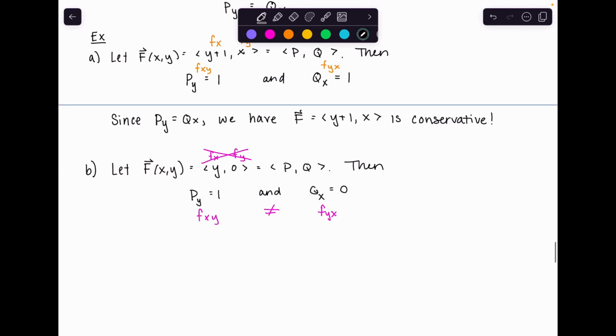So there is no function whose partial with respect to x is y and partial with respect to y is 0. So since these two are not equal, we have f is not conservative.